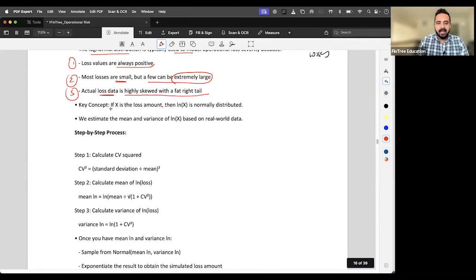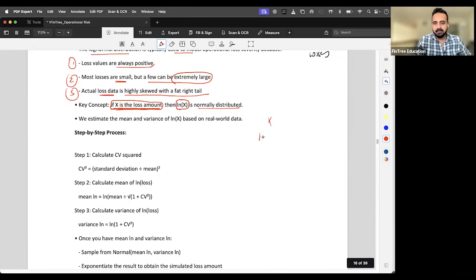Now, if X is the loss amount, which you're estimating, say, hey, I think I will have a loss of $10 million, then X is log normally distributed. So when I take the natural log of it, it becomes normally distributed.